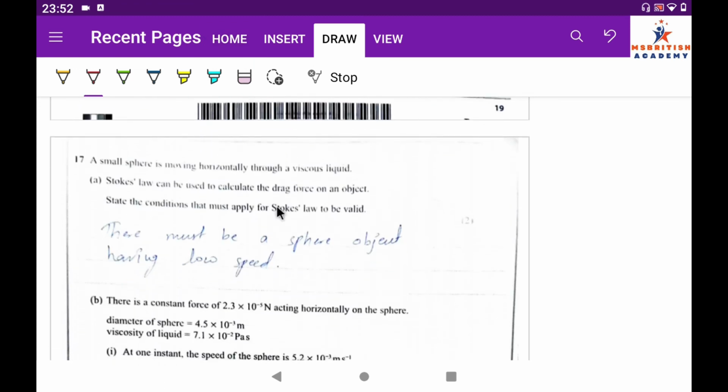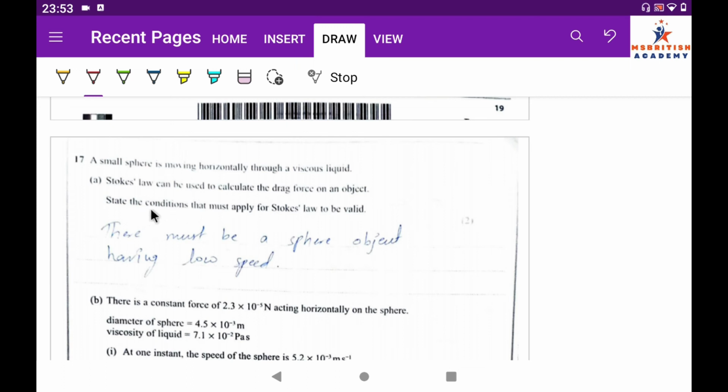A small sphere is moving vertically through a viscous liquid. Stokes law can be used to calculate drag force on an object. State the condition that must apply for Stokes law to be valid.